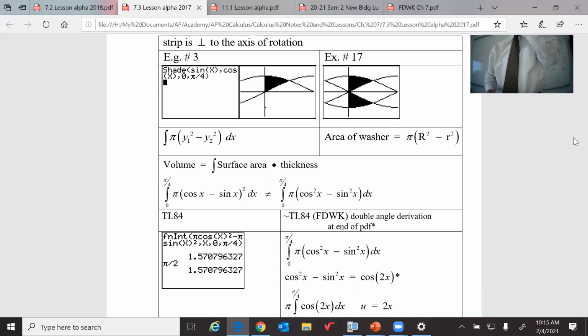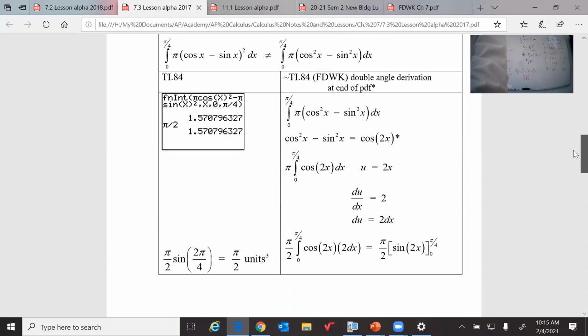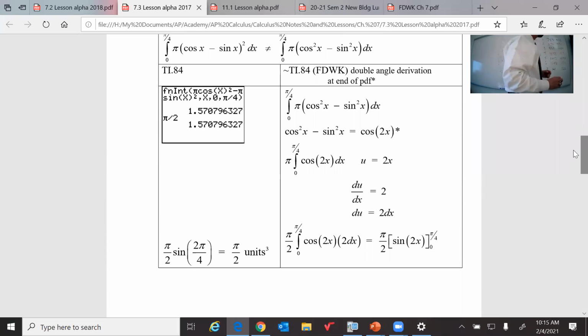So we could do it on the calculator. I typed math 9. See what I typed? From there to there, it gives me an answer, which is pi over 2 cubic units. This is a non-calculator question. And here's the challenging part of the problem.